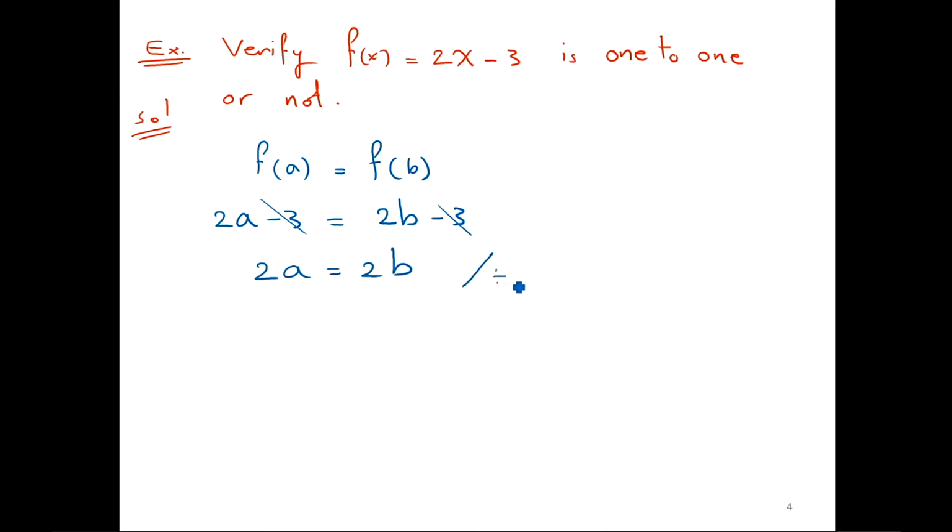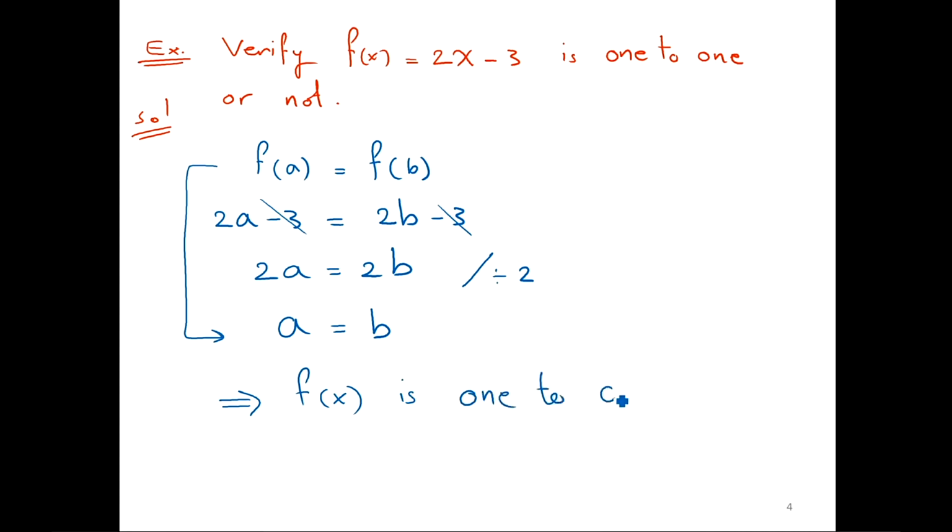Also, we can divide both sides by 2. So we have a equal b. If we start with f(a) equal f(b) and in the end show that a equals b, then f of x is a one-to-one function. Okay, any question?